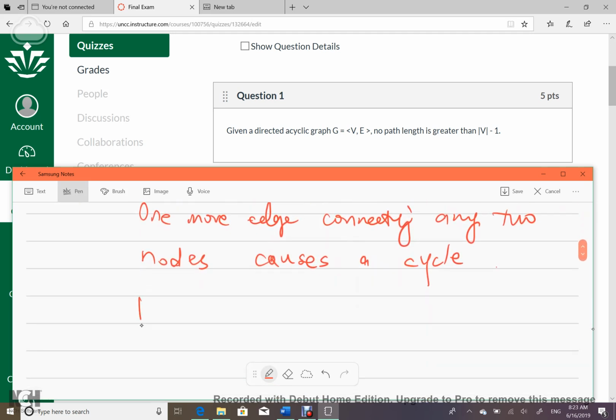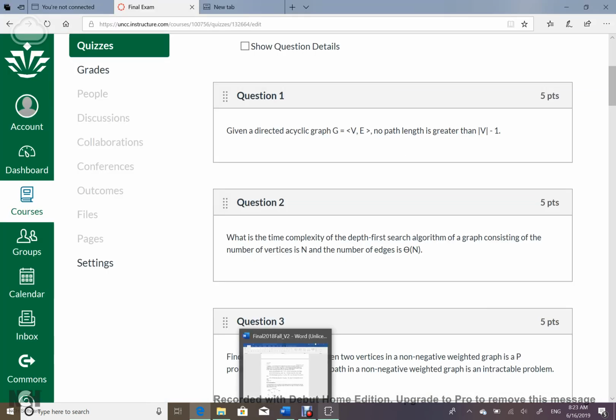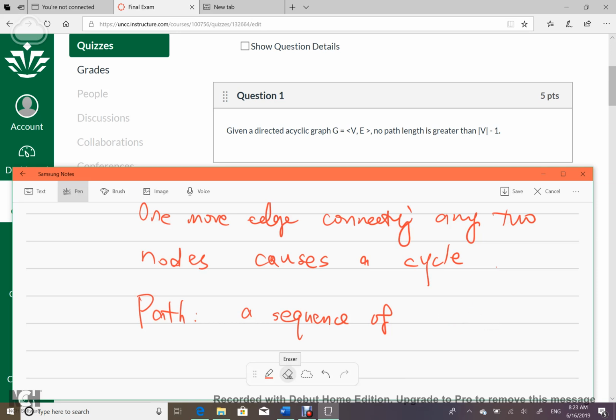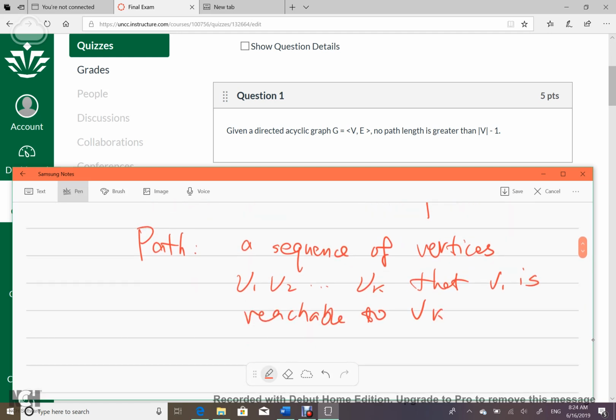And so, the path is a sequence of vertices V1, V2, up to Vk, and V1 can reach Vk. So a path is a sequence of vertices, such that this is a linear structure.